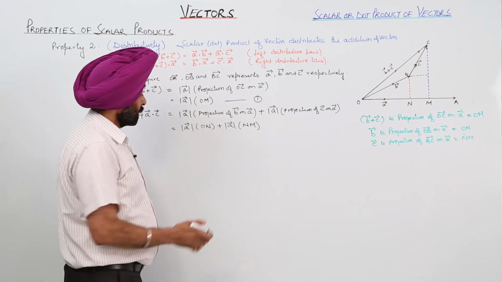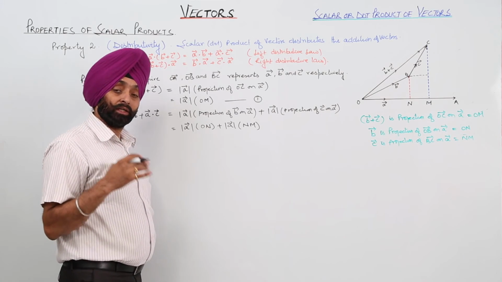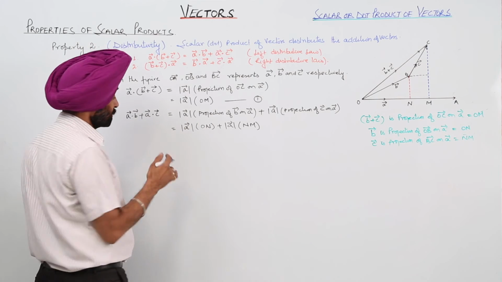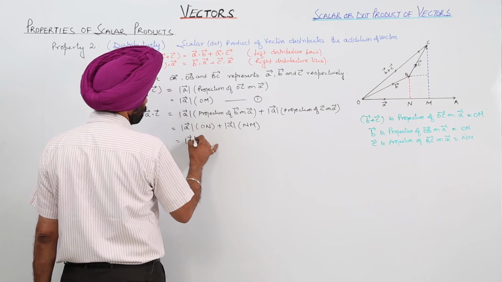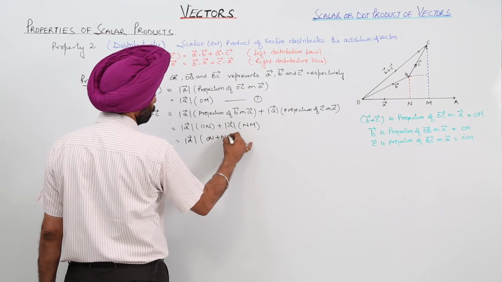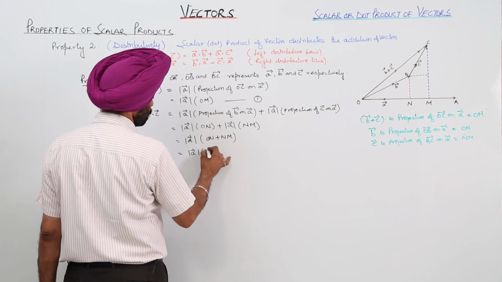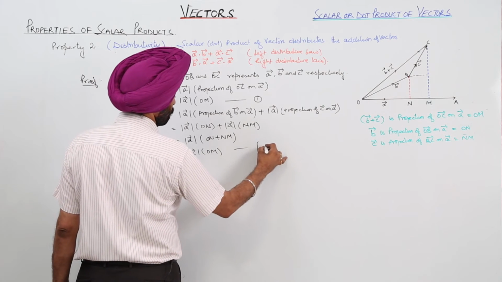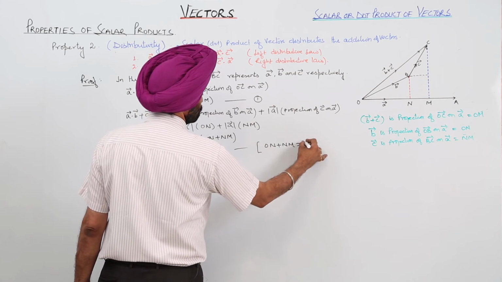Remember one thing, this symbol is actually plus. Now this becomes magnitude of A common in the bracket, ON plus NM, and this is equal to magnitude of A with OM, since ON plus NM is equal to OM.